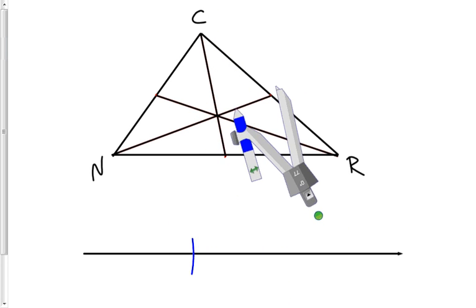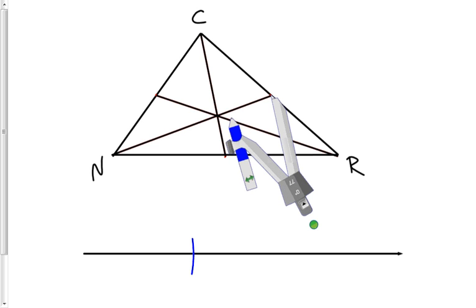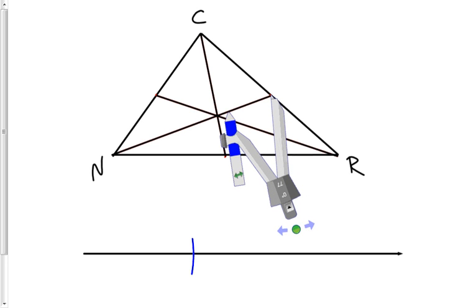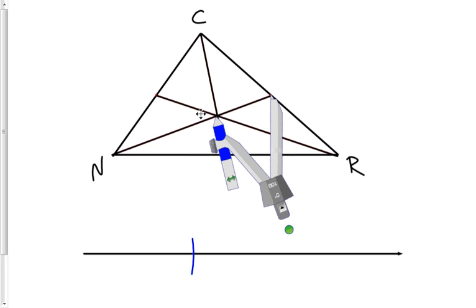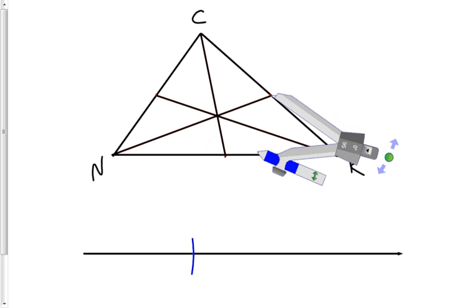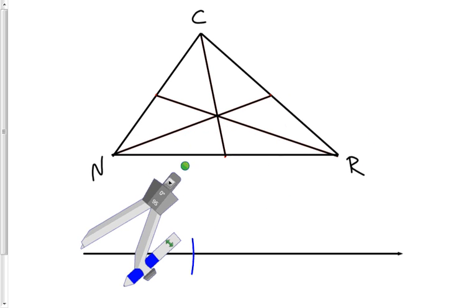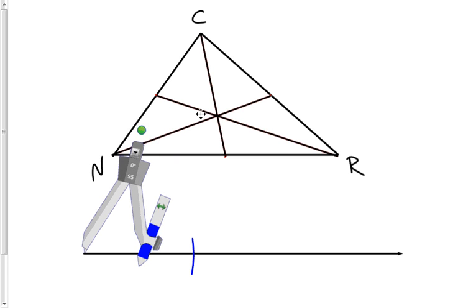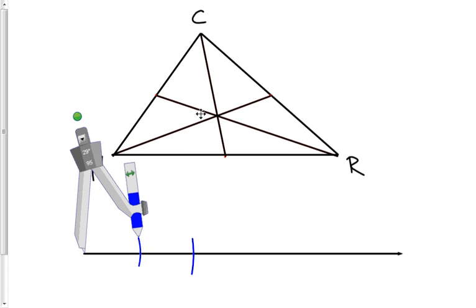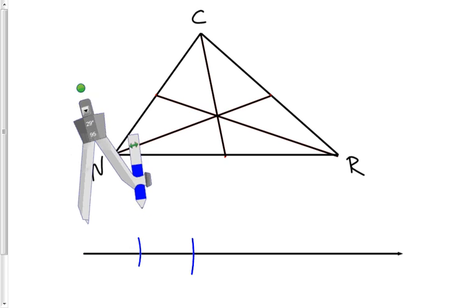Let me swing it around here. So let me go from the midpoint out to the centroid. And now I have that distance. It's not going to give it to me perfectly. I'm going to go right there. And so let's come down here with my compass and let me mark this. Remember, it wasn't exact, but it's pretty close right there.